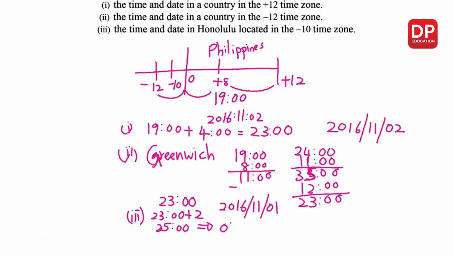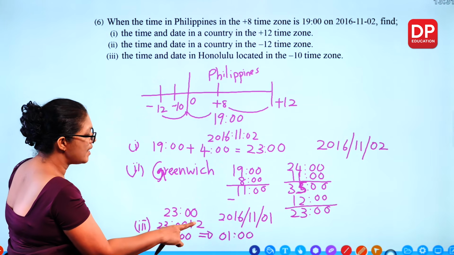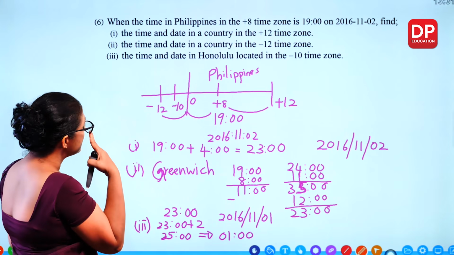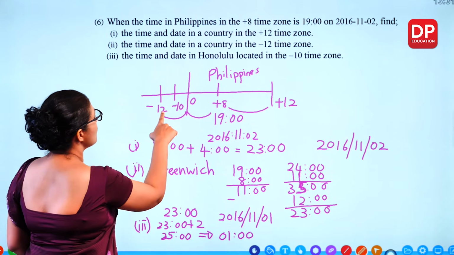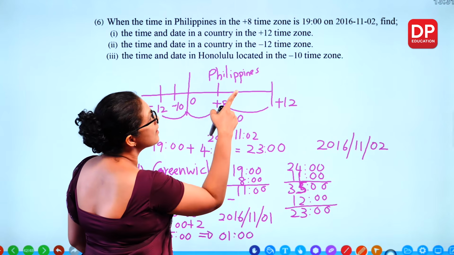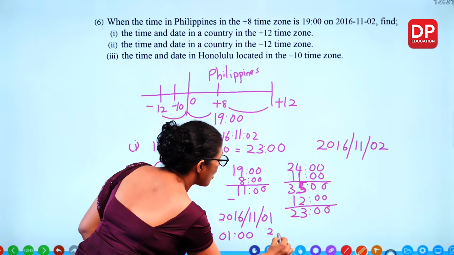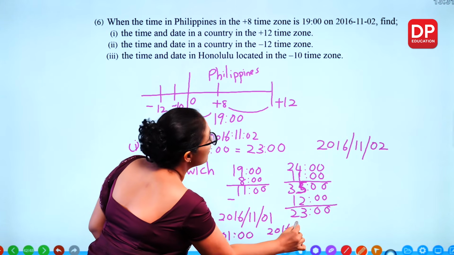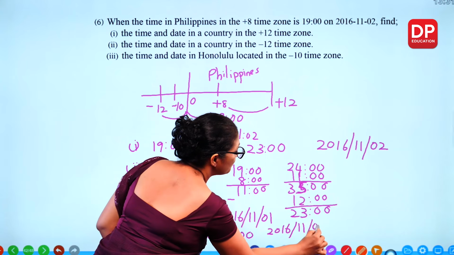When you subtract 24 from that, 1 in the morning. What's the day? So same day. So that's the same day as 2016, 11/2.